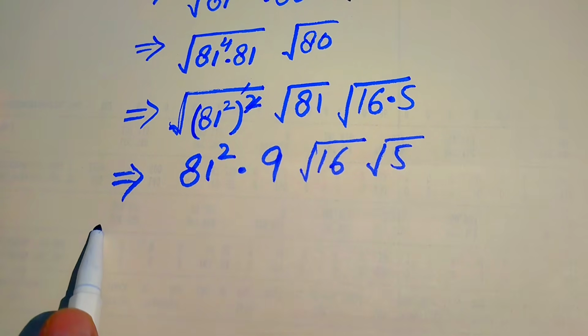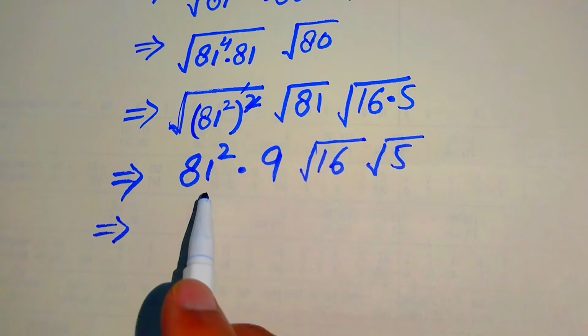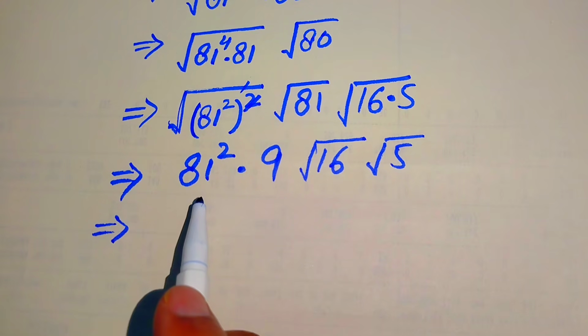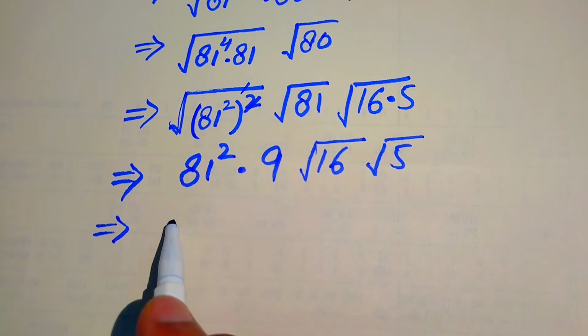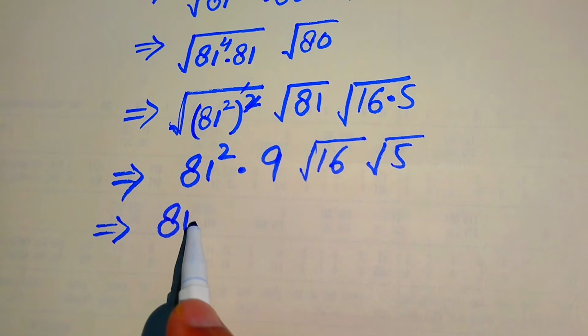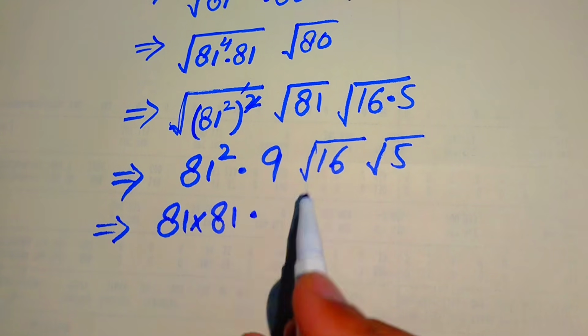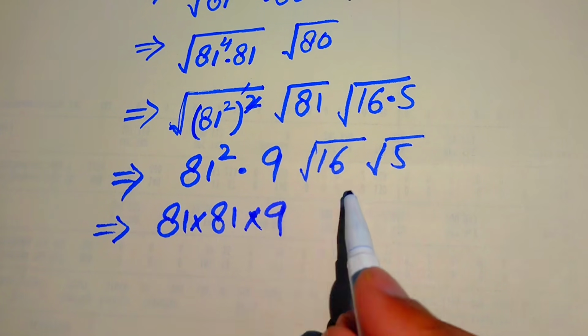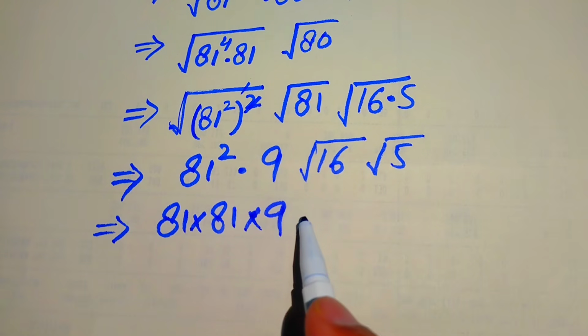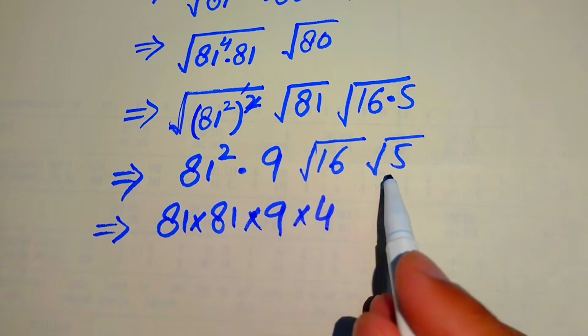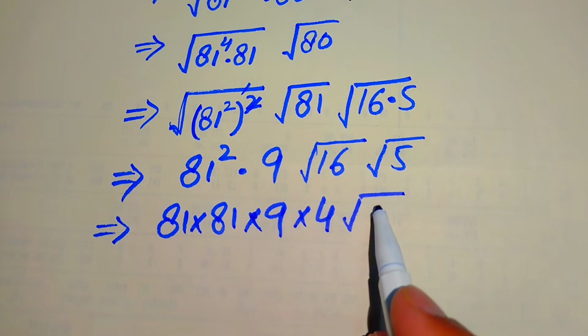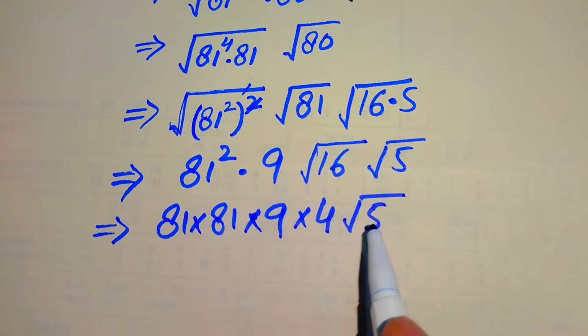In the next step, we need to multiply 81 with 81, so we write 81 squared as 81 multiplied by 81 multiplied by 9, and we know that the square root of 16 becomes 4, and here we have the square root of 5.